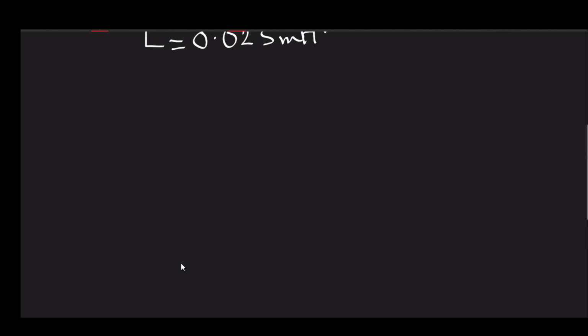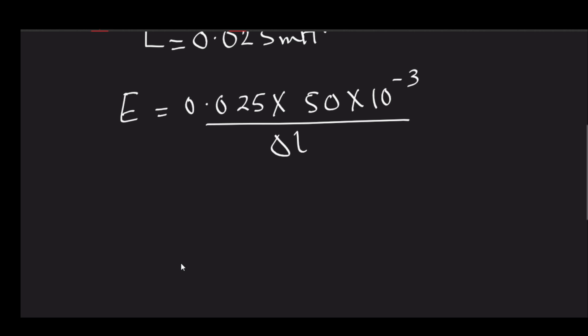E will be L dI by dt, right? So for linear commutation, what you need to do, that dynamically induced EMF in the commutating coil must counterbalance this value.